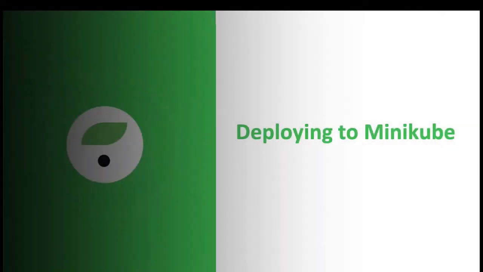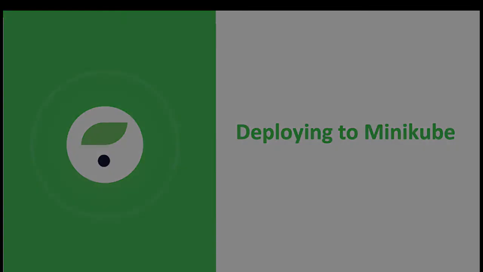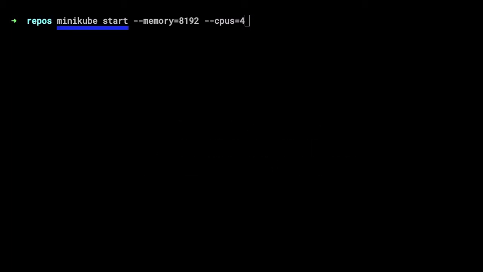To deploy Apache Pulsar to Minikube, we will first prepare the Minikube cluster. It is a requirement for this section to have Minikube installed. We create a new Kubernetes cluster running minikube start --memory 8GB --cpu 4, where we are specifying we need to use 4 CPUs and 8 GB of RAM.